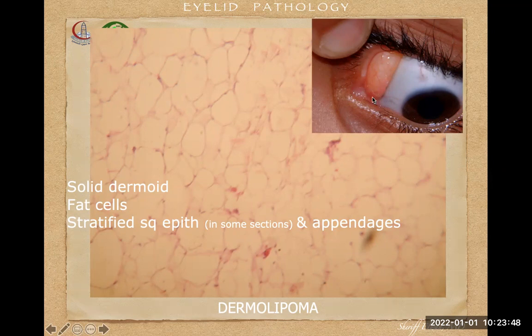And when you see a picture like this, you should differentiate it from a prolapsed lacrimal gland when it is on the lateral side. But here it's on the medial side. This is the punctum, and this is the medial canthus, and this is the nose. So this can never be a lacrimal gland prolapse.